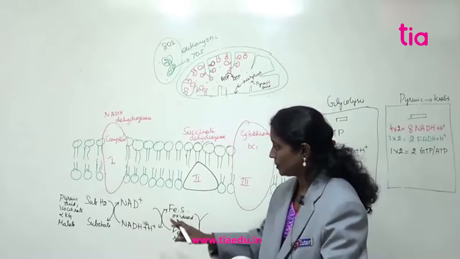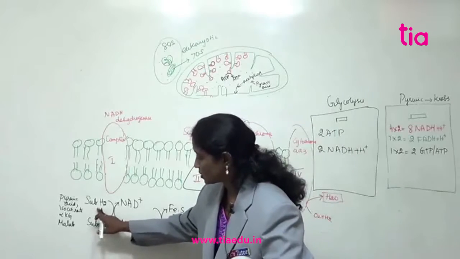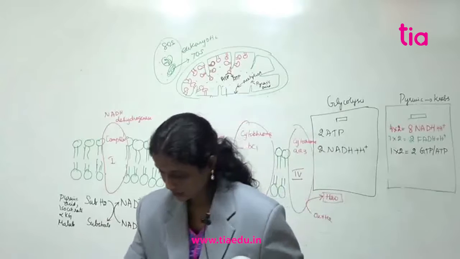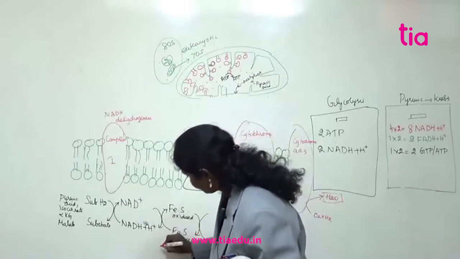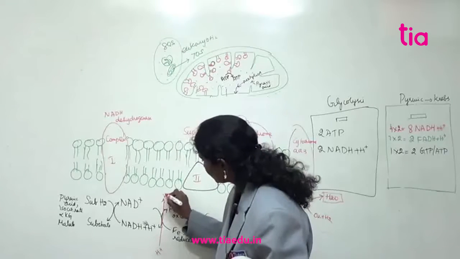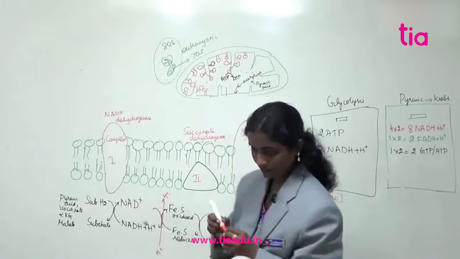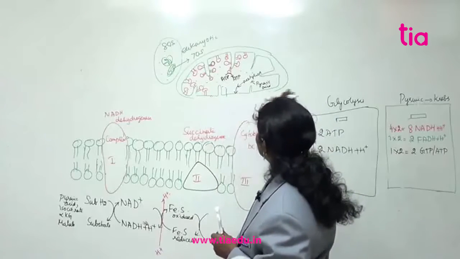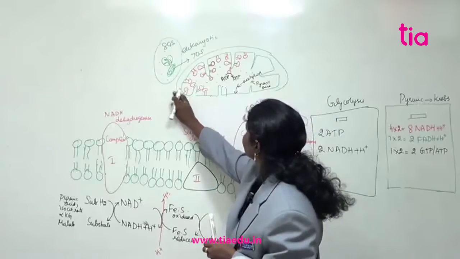Here what happens is, after the substrate donates the hydrogen to NAD to become NADH plus H plus, there is going to be shuttling of hydrogen from inside to outside. I'll make it a little wider for you to understand.